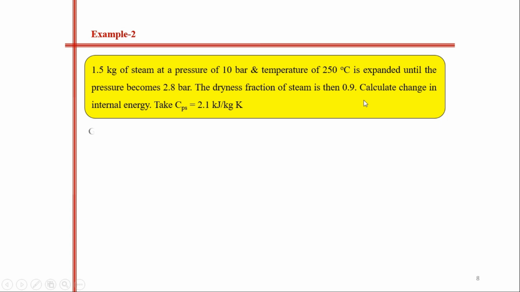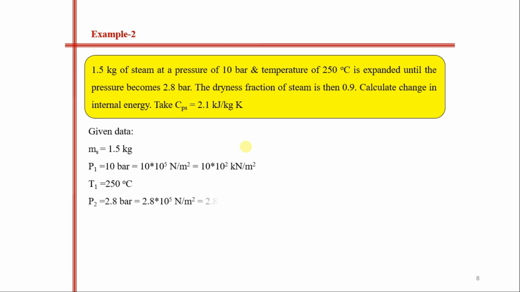First mention the given data. Mass of steam is given as 1.5 kg. The initial pressure P1 is given as 10 bar. To convert bar into Newton per meter square, we need to multiply it with 10 raised to 5. Then to convert it into kilonewton per meter square, we need to divide by 10^3, which gives 10 into 10 raised to 2. The initial temperature is 250 degrees Celsius.